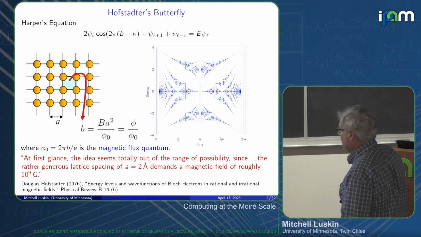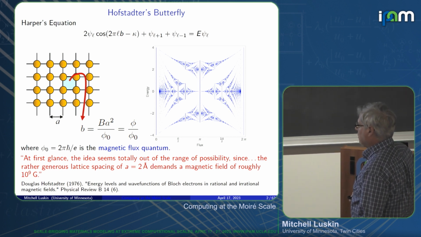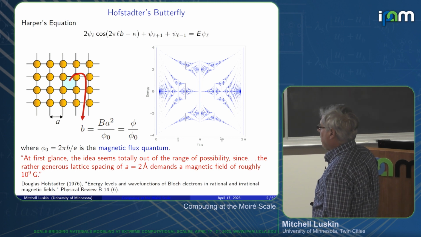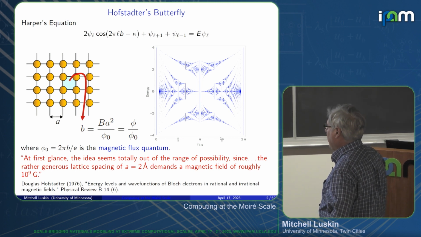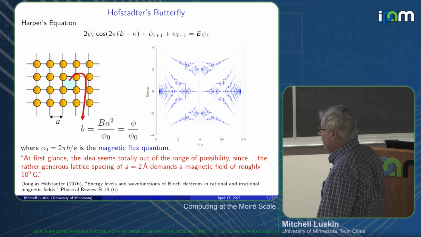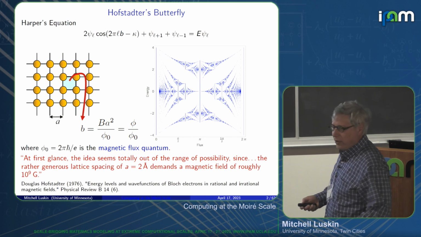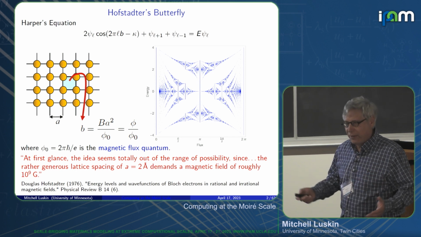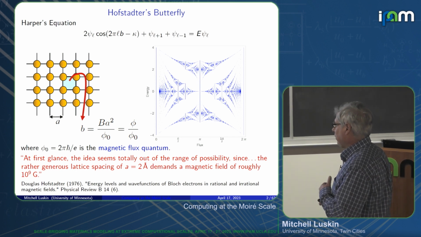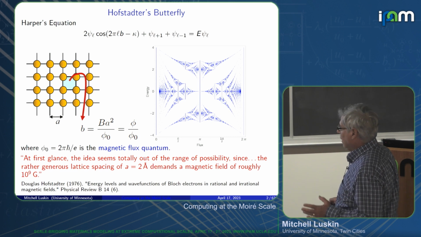And he writes, at first glance, the idea seems totally out of the range of possibility, since the rather generous lattice spacing of 2 angstrom demands a magnetic field of roughly 10 to the 9 G. So, okay, now 10 to the 9 G is much bigger than anything that's been achieved on Earth. I went and checked. Being a mathematician, I know nothing about units.